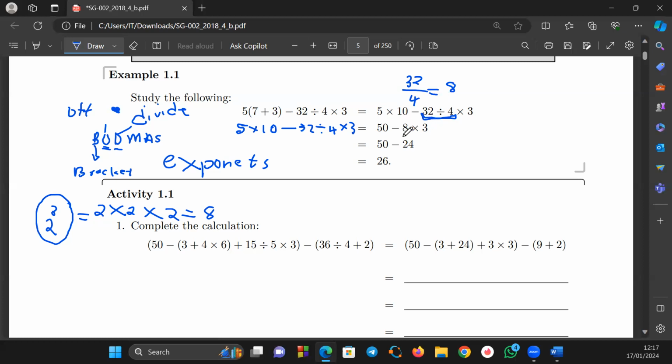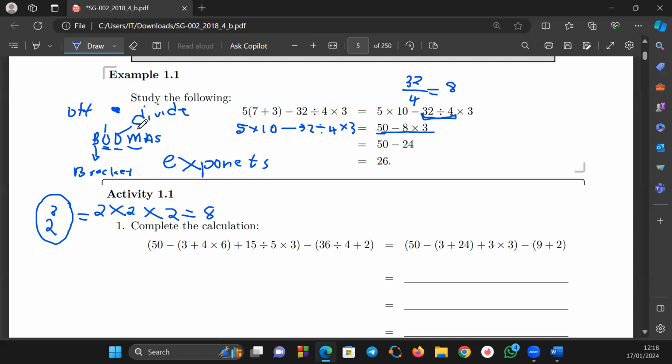After writing that 8, you now know that after division in our BMass rule, you can go to multiplication. You can multiply these two. For example, you can say 5 times 10 is going to give you 50, minus 32 divided by 4, which was 8, so negative 8 multiplied by 3. After that, you have this expression, but you still have multiplication.